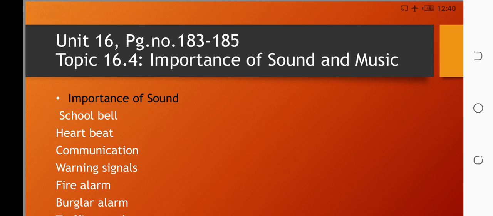In the same way, we have also discussed the importance of sound and music, and we have also discussed today the frequency of sound and the relationship between the pitch of the sound and the frequency. And the importance of sound and music is very great, as we have discussed the different musical instruments through which sound can be produced.